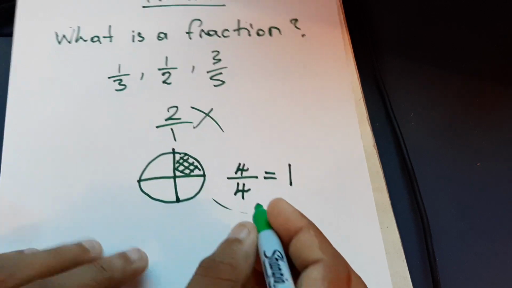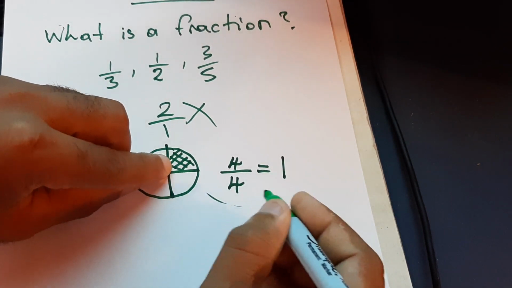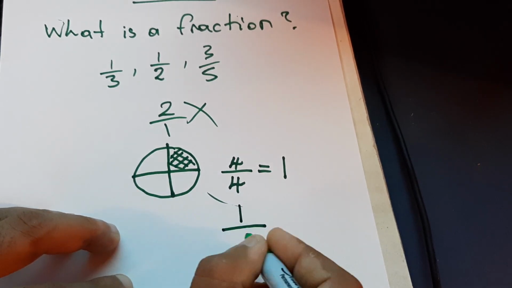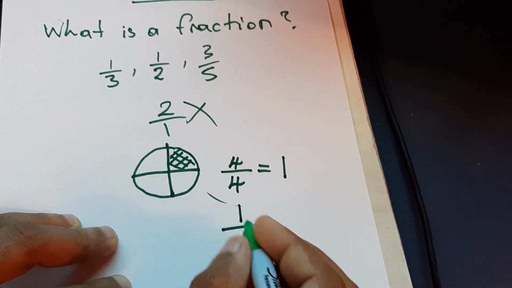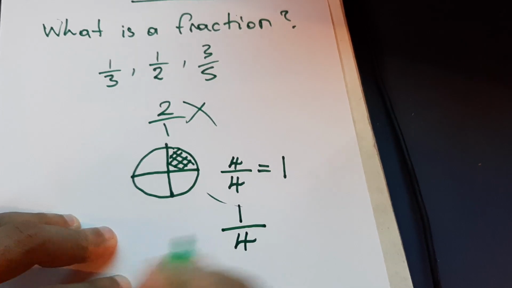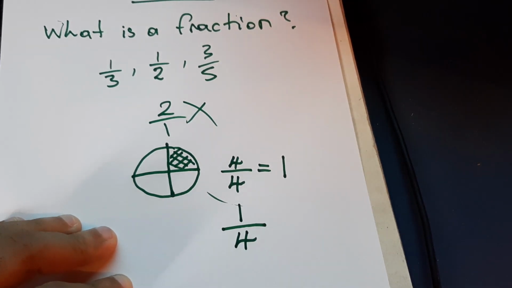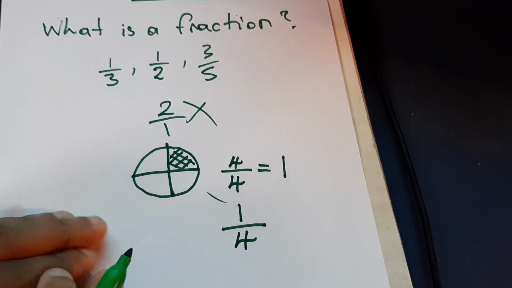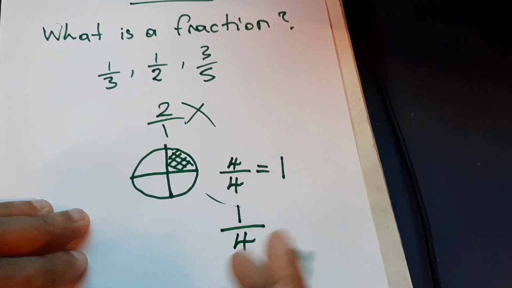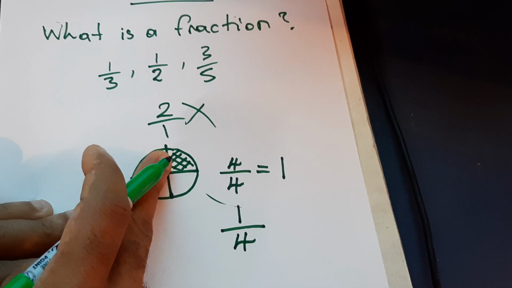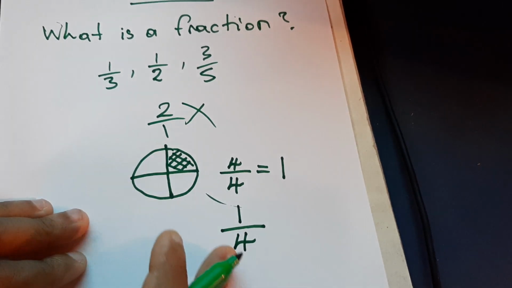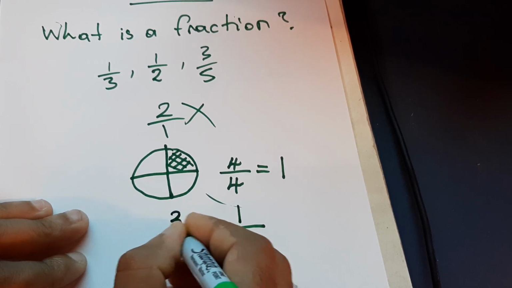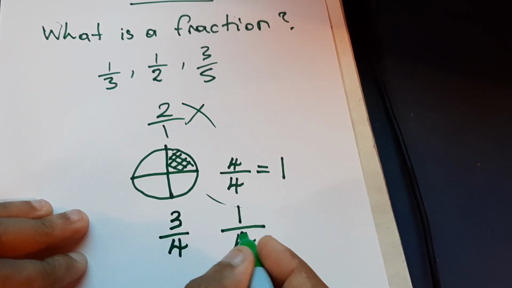Now, if we put what we have left out of the entire cake, we have what? We have 1 part out of how many parts did we split the cake into? We split it into 4 parts. So a fraction tells how much of a whole we have or we don't have. So we have a quarter of the cake left. The shaded region represents how much we have left, and 3/4 of the cake is missing.